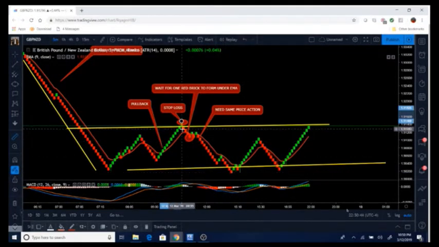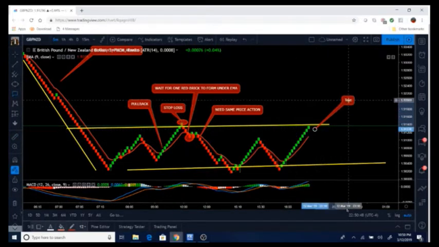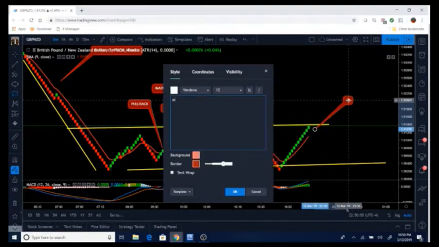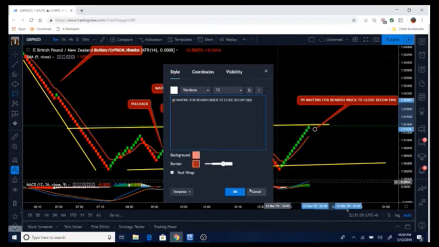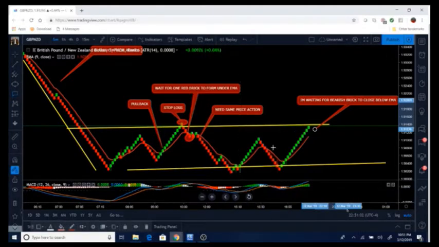So now I just need the same thing that happened over here. I'm waiting for a bearish brick to close below EMA. That's it. And I'm pretty much waiting for my MACD crossover. You want to add extra confirmation?